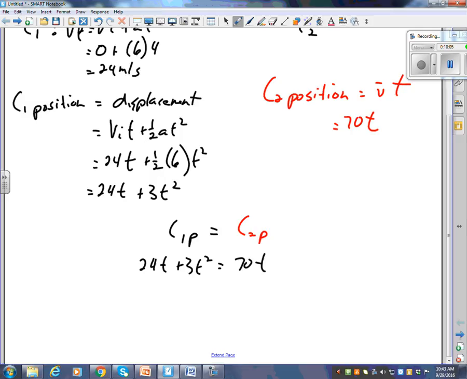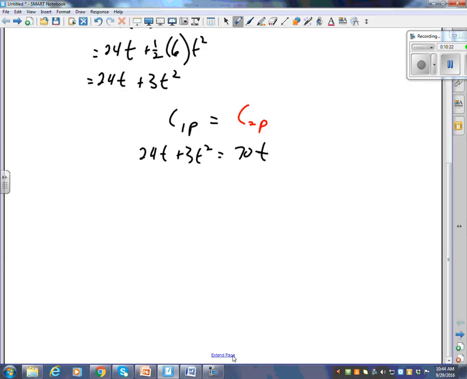Now this looks a little bit different than the other ones we've done because either there's been a 0 or there's a number, but the thing that's different here is that there's more than one t. No problem. About grade 9, they teach you how to collect like terms. Most everyone wants the t squared to be positive, so we're going to leave everything on the left. So it's going to be 3t squared. And I'm going to bring that 70t over, and it's going to become minus, so 24t minus 70t.